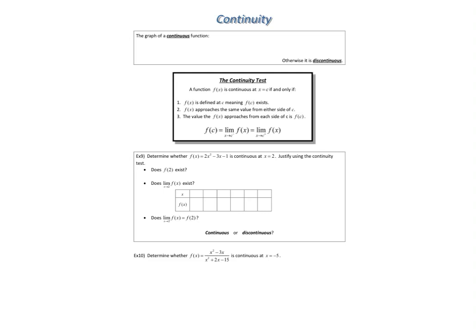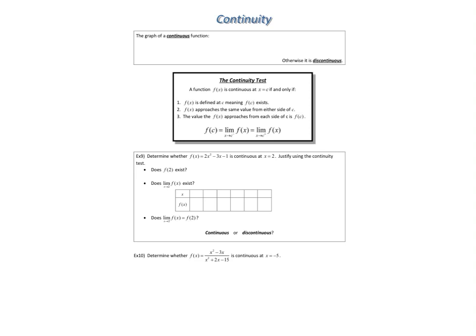Now, the rest of this packet, or the rest of this lesson, is about continuity. And please remember that when I first started teaching this unit, I gave you a little warning that the concepts of continuity and limits absolutely necessarily overlap, but in such a way that tends to confuse students.